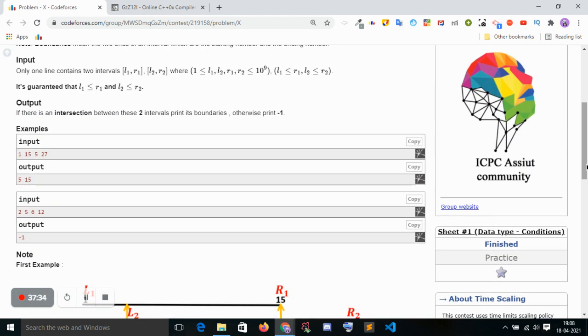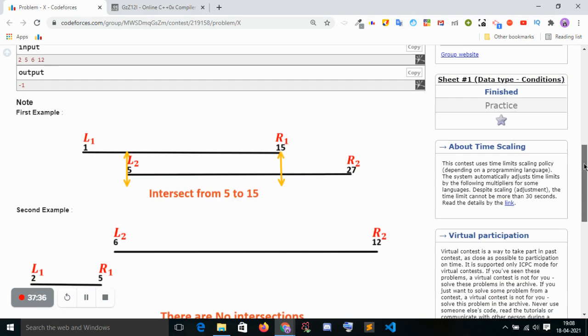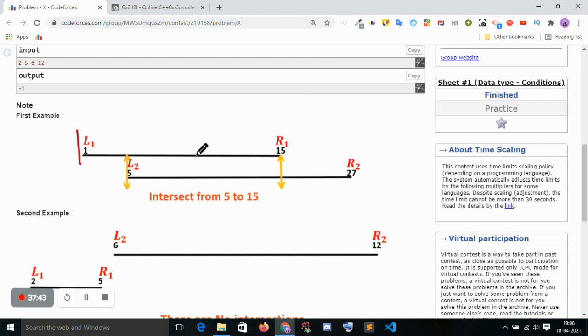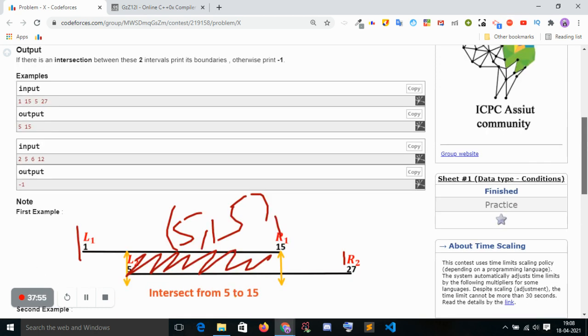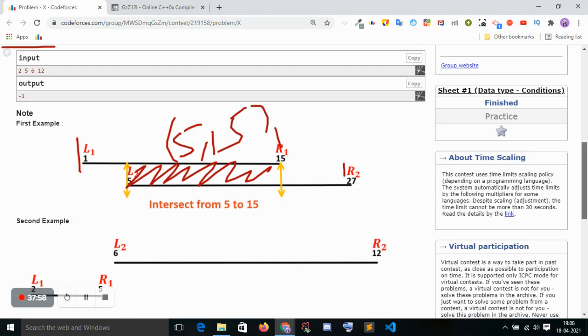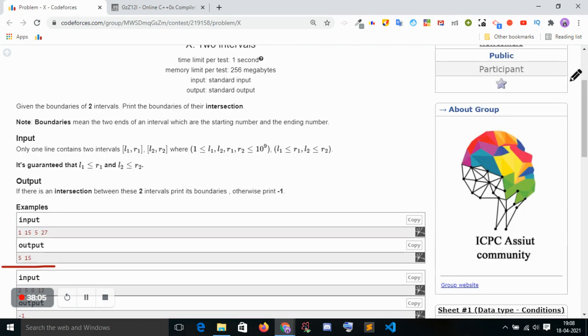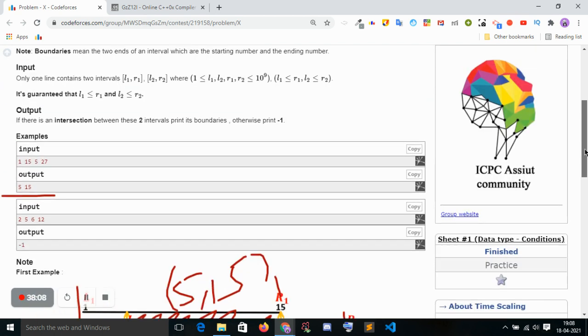Here L1 R1 is given as 1 to 15, and L2 R2 as 5 to 27. So the intersection is 5 to 15. But in the case 2 to 5 and 6 to 12, there is no overlapping, so you should print -1.